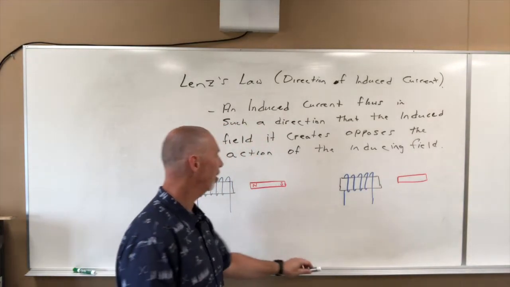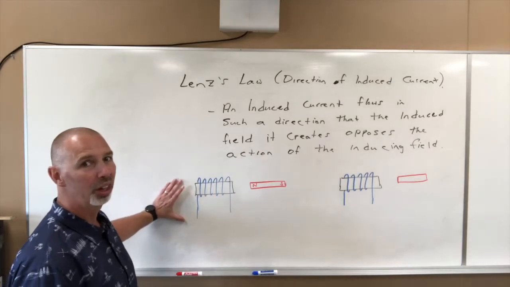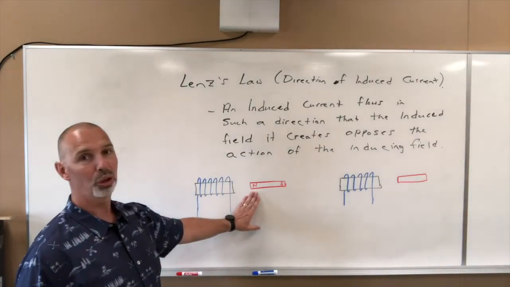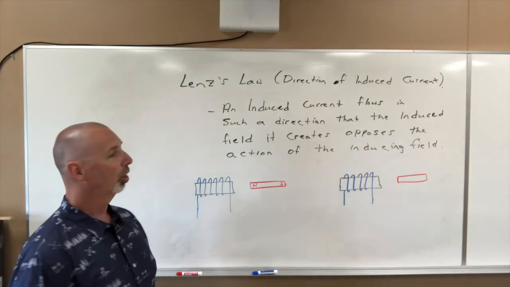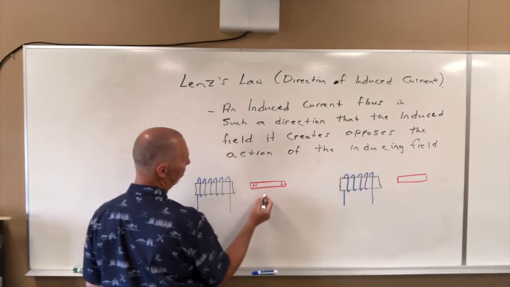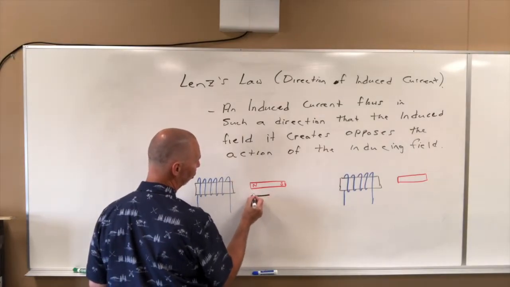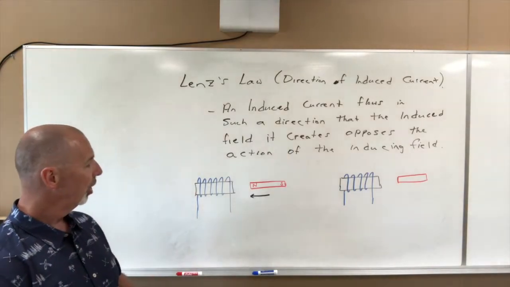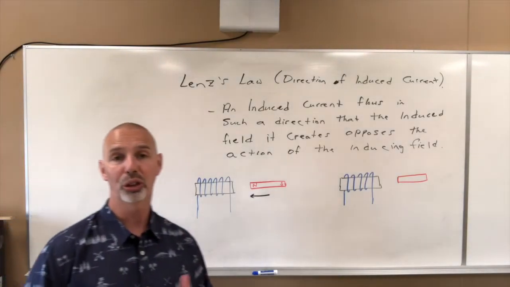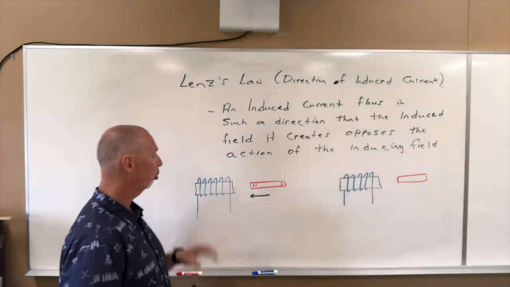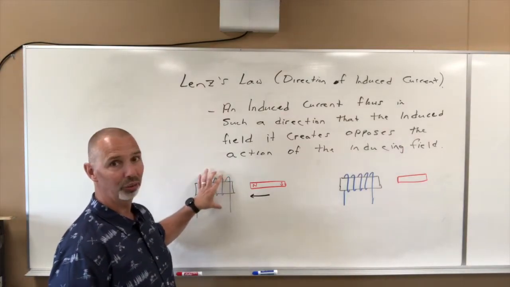All right, so here I've got a diagram. I've got a solenoid here, and I've got a bar magnet here with its north pole closest to it. What Lenz is saying is that if I take this bar magnet and I move it into the solenoid, if I do that, it's going to induce a current. And the direction of that current is going to produce a magnetic field around this solenoid.